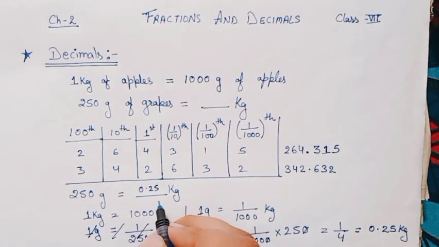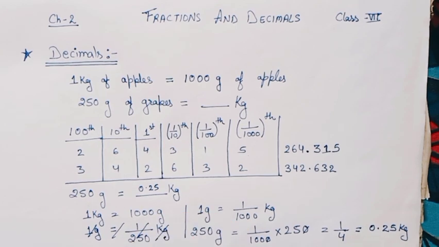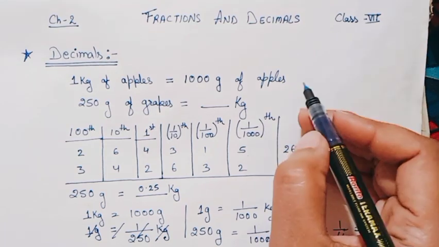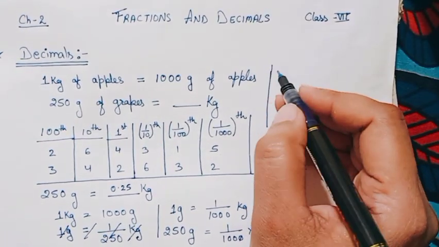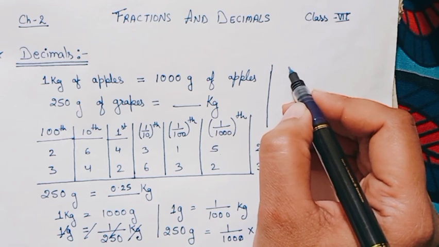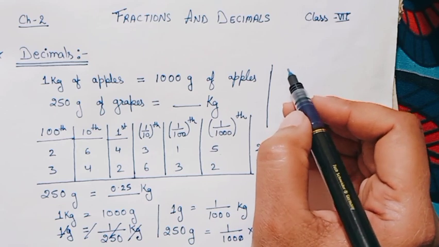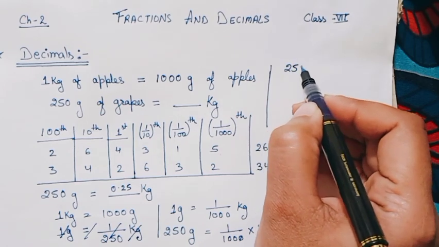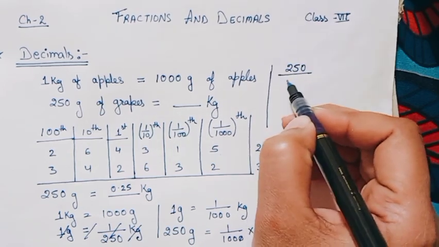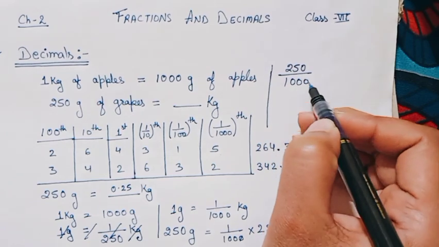Okay. The simplest way to find it out, the simplest method I am going to tell you, is that you have to learn the relation between grams and kilograms, or meters and centimeters, kilometers and meters, and so on. If 250 gram is there, you just divide the number by that particular relation.